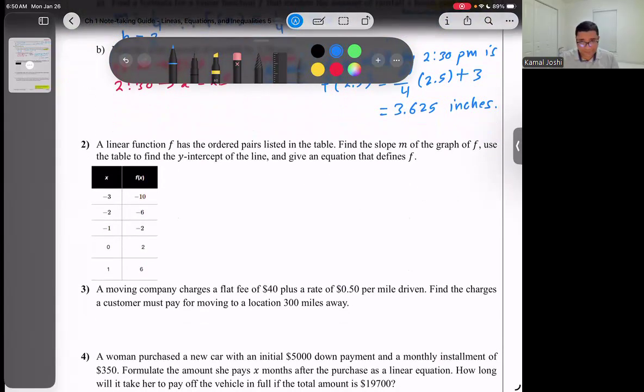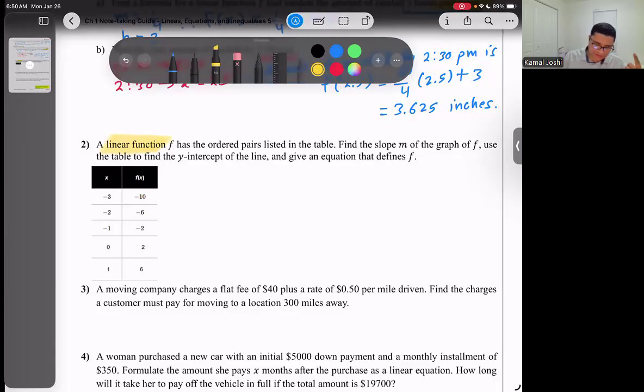Moving on. A linear function f has the ordered pairs listed in the table. Find the slope of the graph. Use the table to find the y-intercept of the line and give an equation that defines f. Okay. So basically, you are informed that this is a linear function.